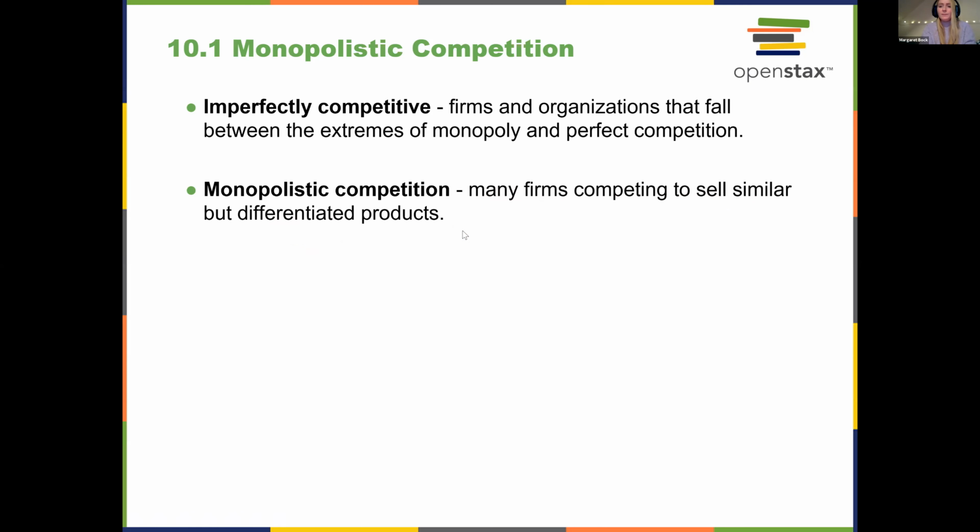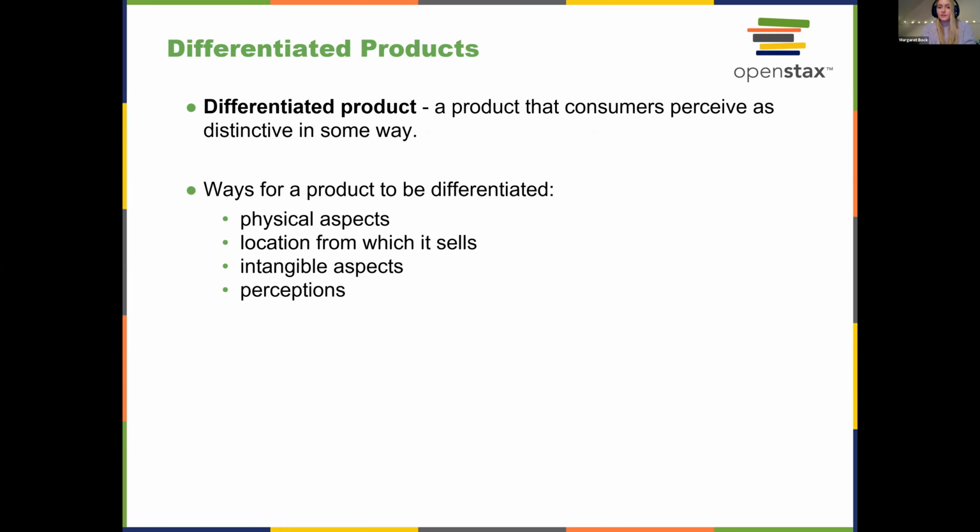So, what do I mean by differentiated products? You can think about differentiated products as a type of product that consumers perceive as distinctive in some way. So thinking back to perfect competition. Remember, in perfect competition, there are many, many firms selling the exact identical product.